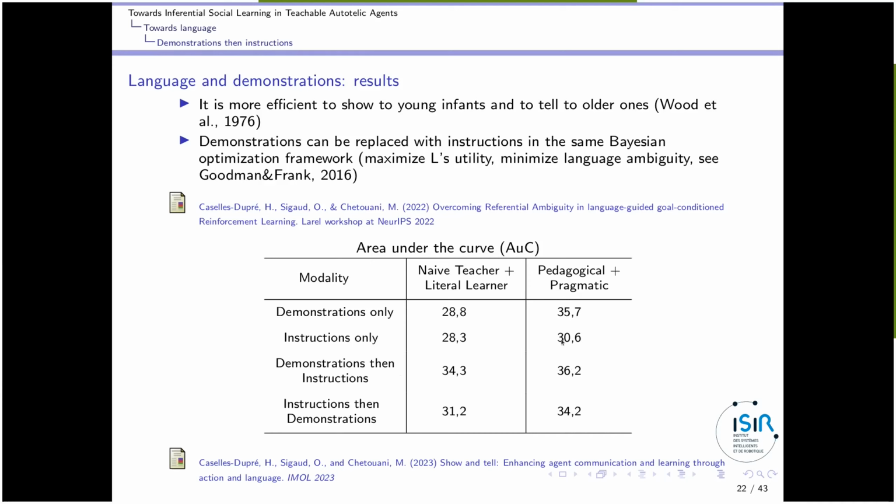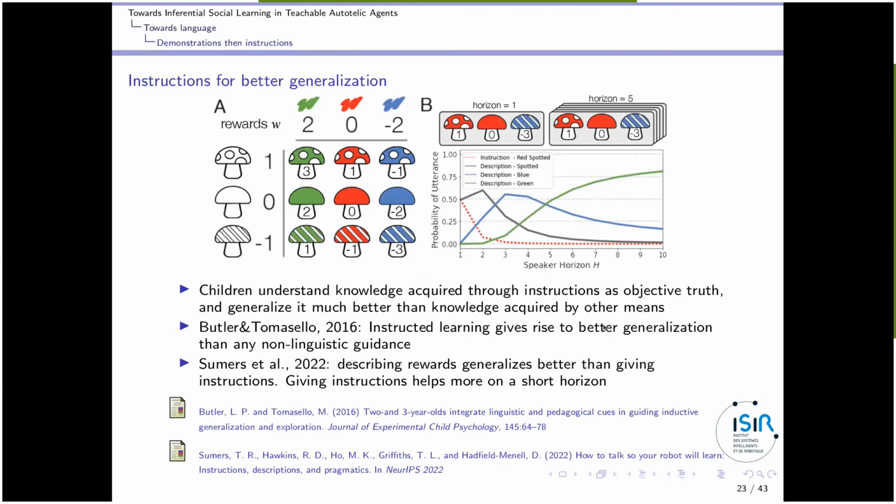There are other related works on the same topic, but from a completely different perspective, that I will mention very briefly. The idea, which comes from Thomas Eleo's work, is that children understand knowledge acquired through instruction as objective truth and generalize much better than knowledge acquired by other means. So the general idea is that language helps generalizing better.